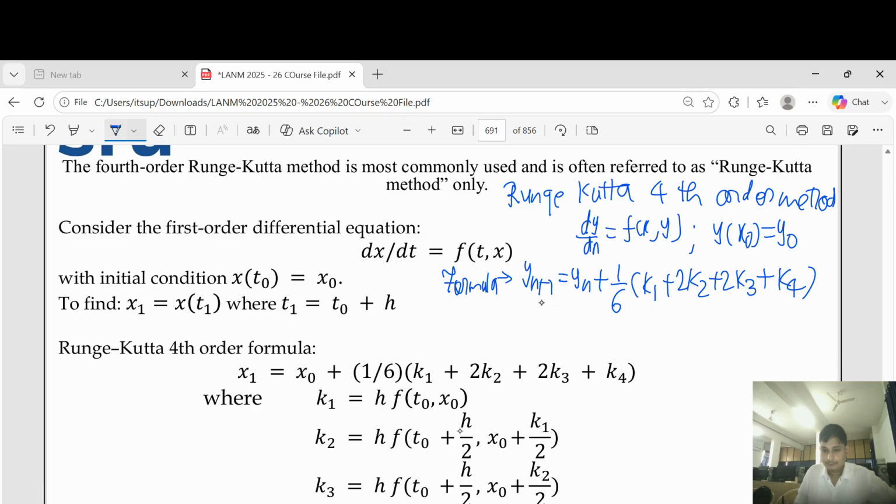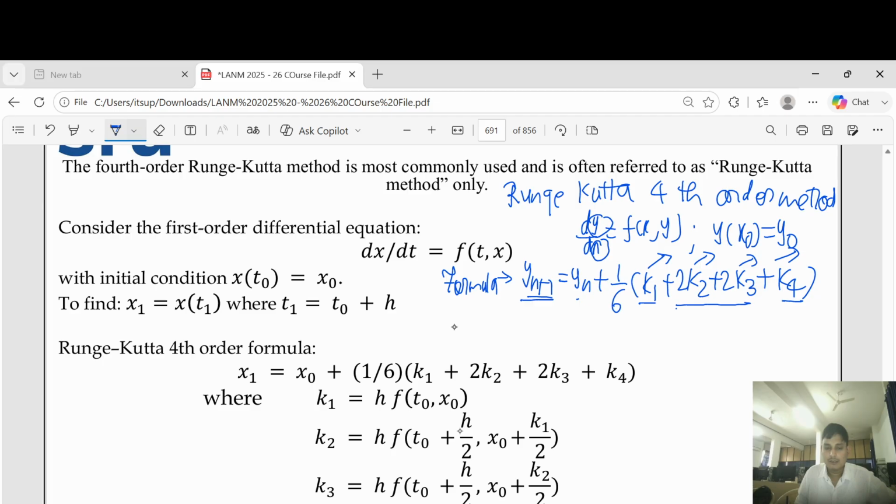Here y is the dependent variable and x is the independent variable, so the formula is written in the dependent variable form. So y n plus 1 is equal to y n plus 1 by 6 of k1 plus the last k4, and in the middle slopes we write 2 k2 plus 2 k3. These are the slopes.